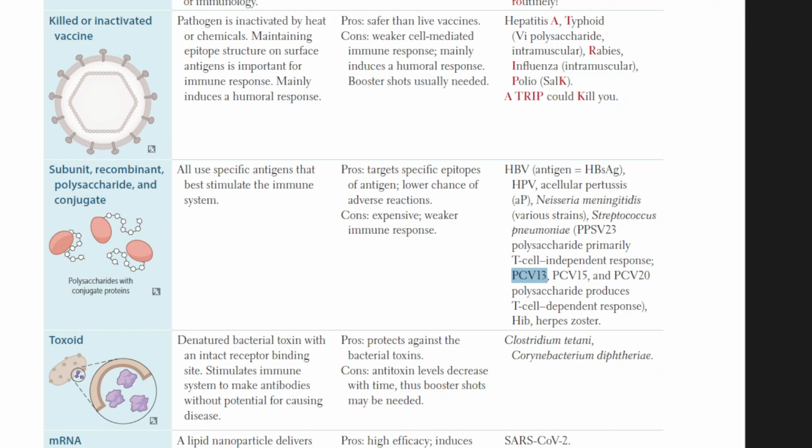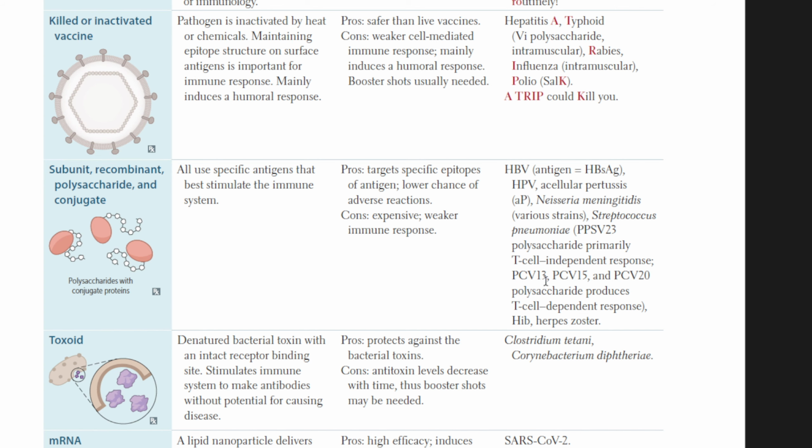The PCV15 is a 15-valent pneumococcal conjugate vaccine used to prevent pneumococcal disease in infants, children, and adults. It's part of the routine vaccination for children under 5 years old, and it's also an option for adults with certain underlying medical conditions or risks.